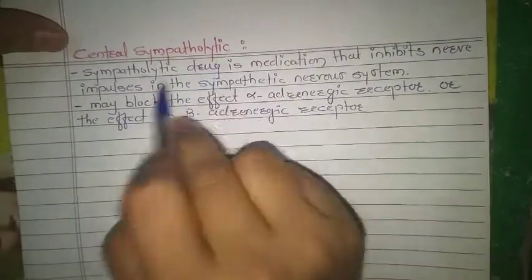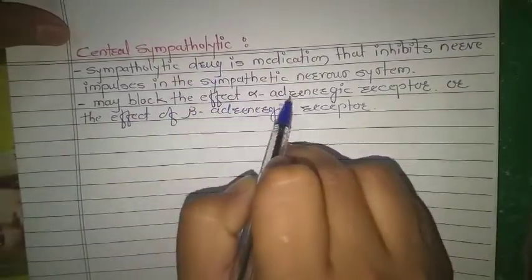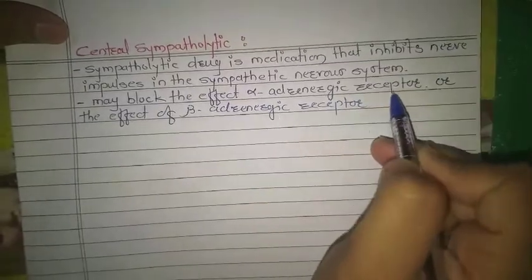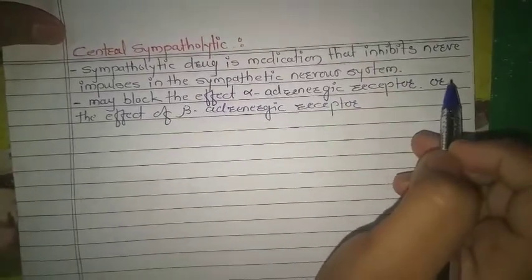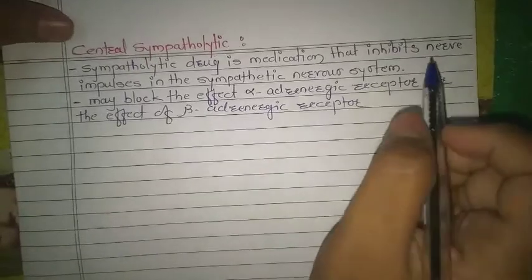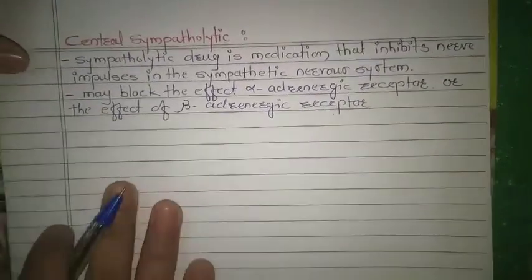The sympatholytic drug blocks the effect of alpha adrenergic receptor or the effect of beta adrenergic receptor.